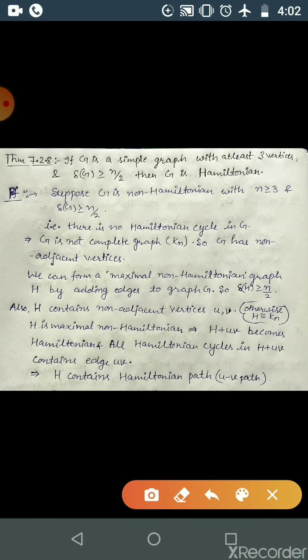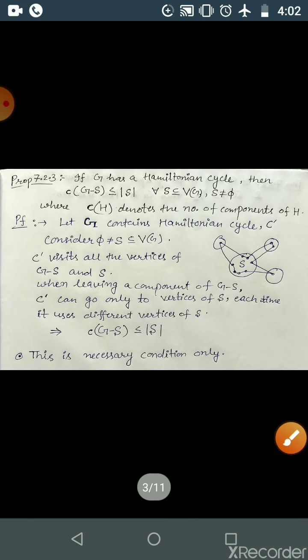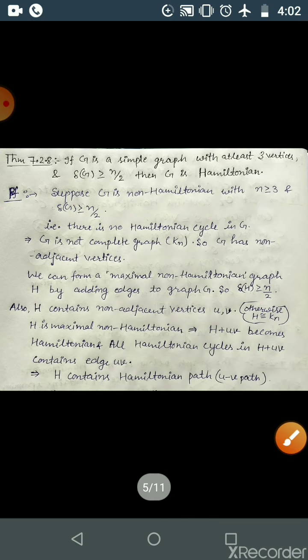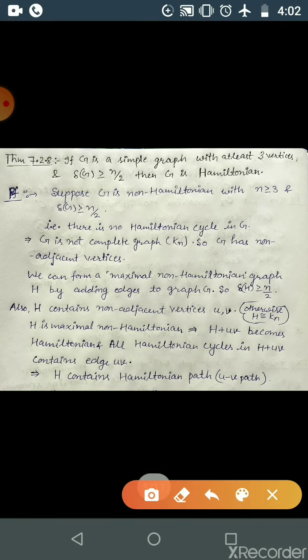Now we can have some sufficient conditions for a graph to be Hamiltonian. The necessary condition was already done, correct? For a Hamiltonian graph that was necessary, and here we want a sufficient condition, so that the graph becomes Hamiltonian. Here G is a simple graph; we are just talking about simple graphs.